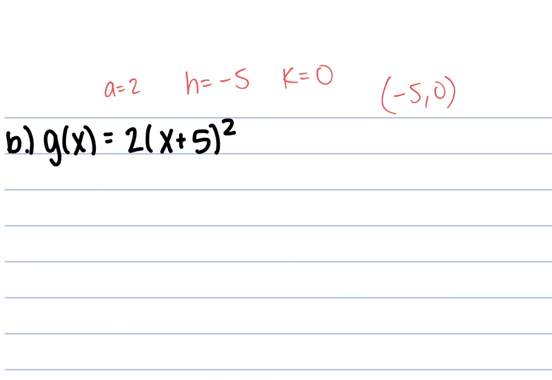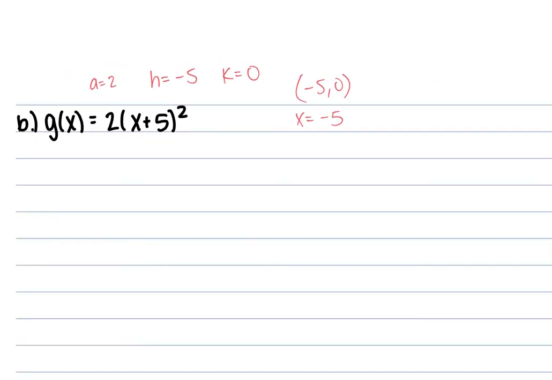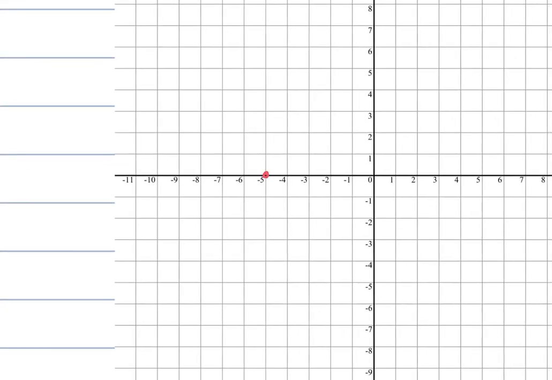We never say our axis of symmetry is a number. Thank you. X equals -5. You guys are still saying AOS equals -5. That's no bueno. Our axis of symmetry is a line, so it has to be X equals. Are we okay with that? Because we're still losing points, okay? All right, so at -5, 0, I'm putting a point. My axis of symmetry is going to go down like this.